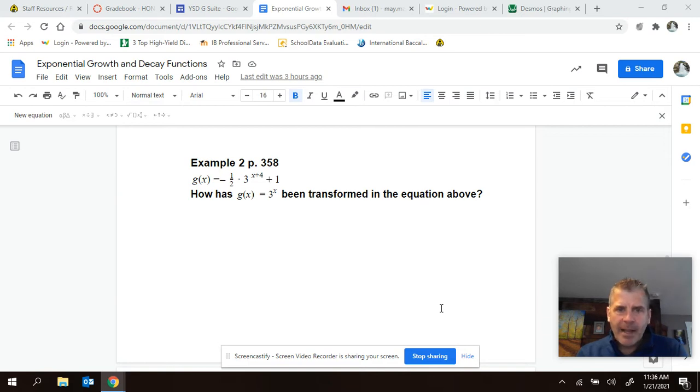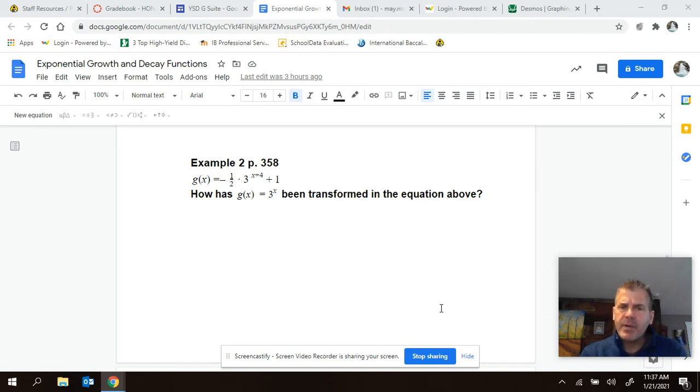All right, welcome back. Hopefully you had a chance to take a look at that. One prediction I'm going to make is that because it's a negative lead coefficient now, it's going to flip over. So it's going to reflect in the x-axis. The other thing is because it's a 1/2 there, I would say that that's probably going to compress toward the x-axis.